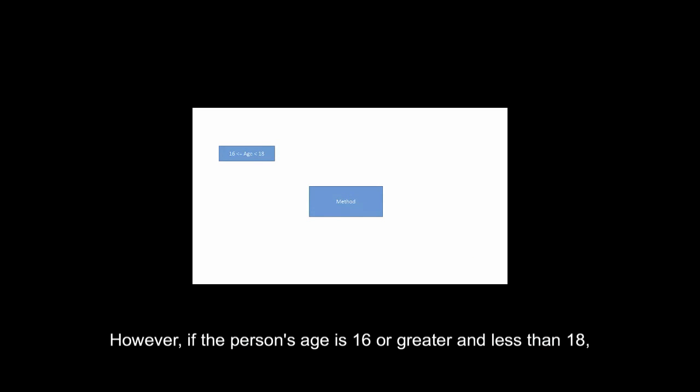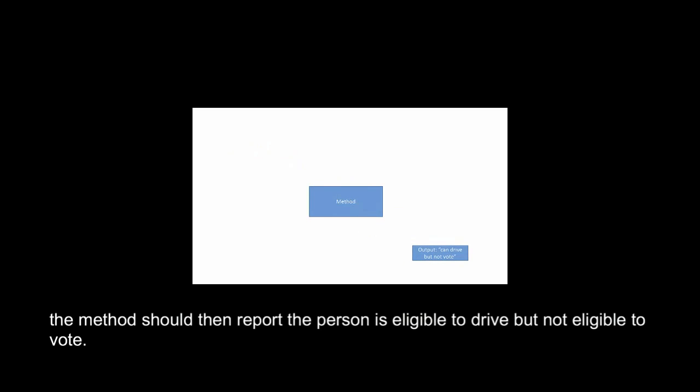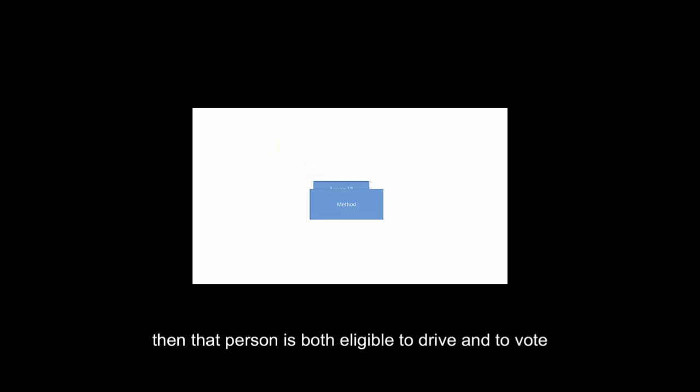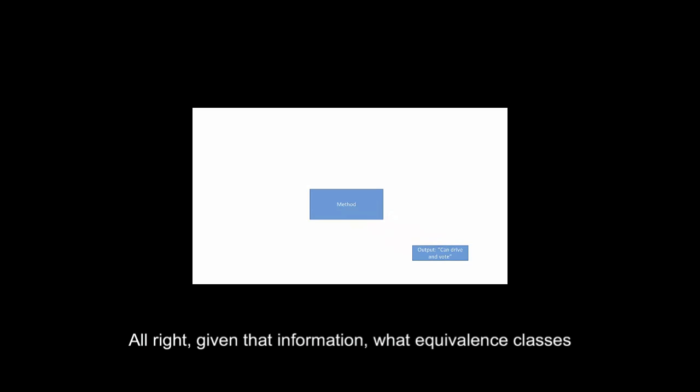However, if the person's age is 16 or greater and less than 18, the method should then report that the person is eligible to drive but not eligible to vote. And lastly, if the person's age is 18 or over, then that person is both eligible to drive and to vote.